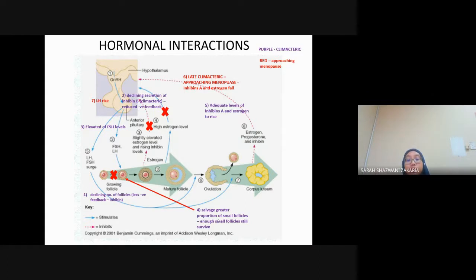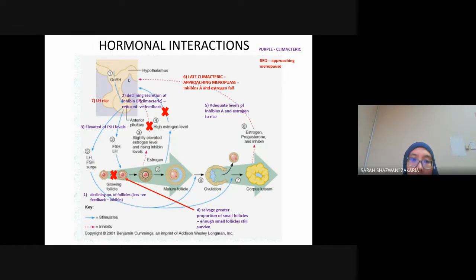So eventually no more follicles can develop, which causes the estrogen to fall and inhibin to fall. Therefore there is less negative feedback, or reduced responsiveness of the GnRH and FSH at the anterior pituitary, and it will give the LH rise. Of course, at the same time FSH rises.